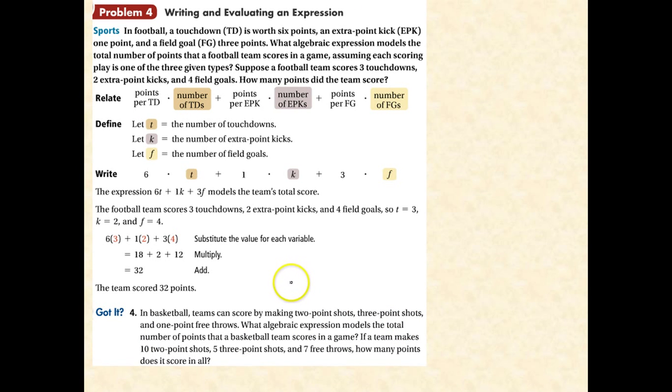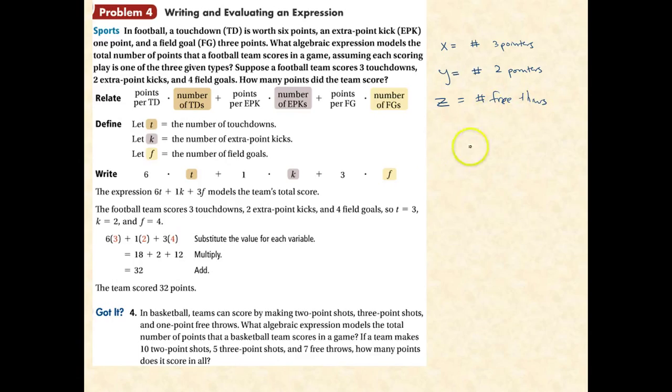Alright, well, let's define some variables. Since 2-pointers and 3-pointers both start with T, I can't really use T. So I'm just going to say, let x equal the number of 3-pointers, y equals the number of 2-pointers, and z equals the number of free throws.